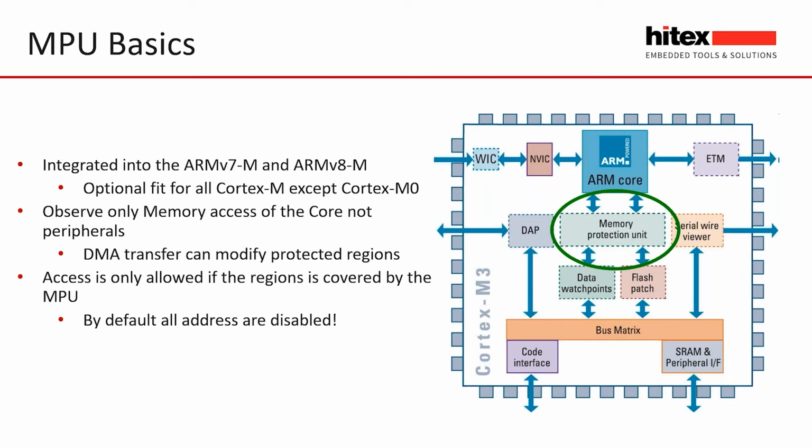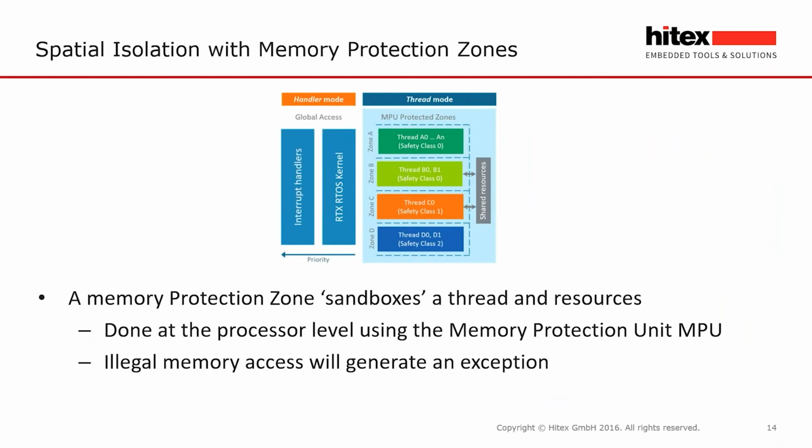Now, within the functional safety version of RTX, we use the memory protection unit to create a set of memory protection zones. As each thread is executing, the memory protection unit is programmed to grant it the resources that it requires.